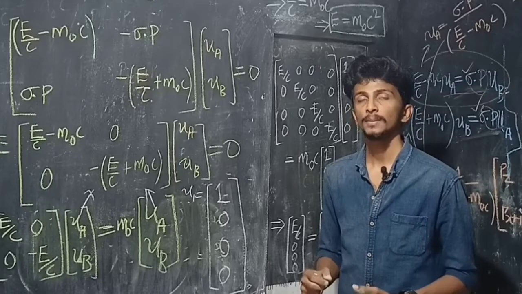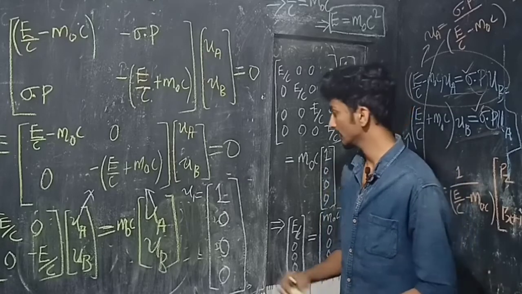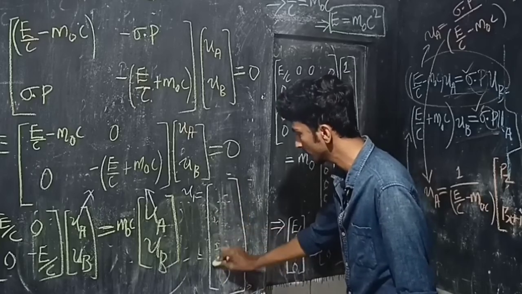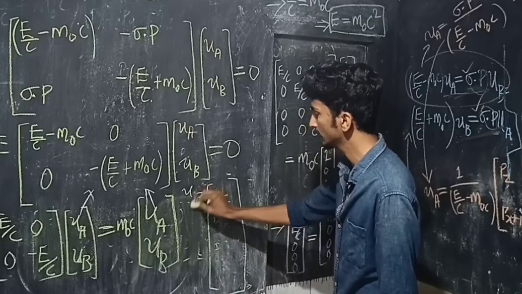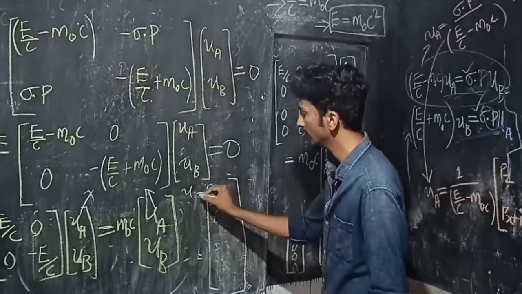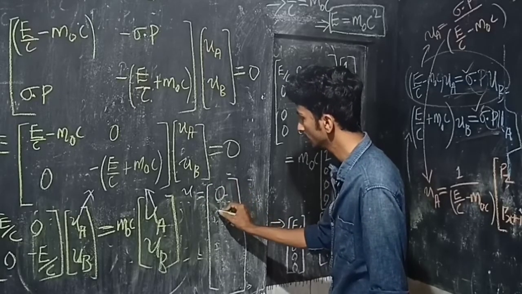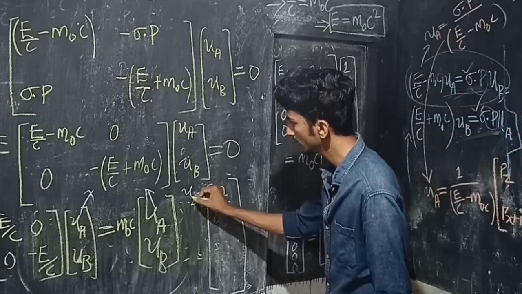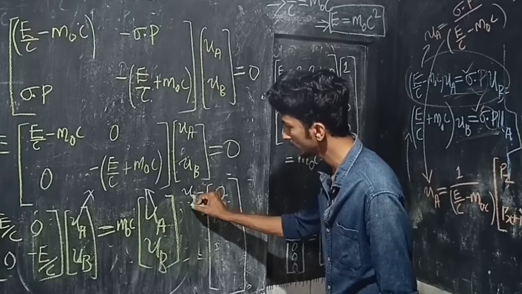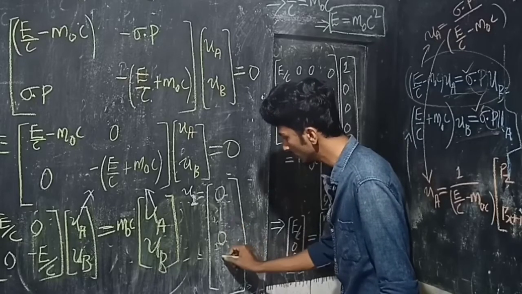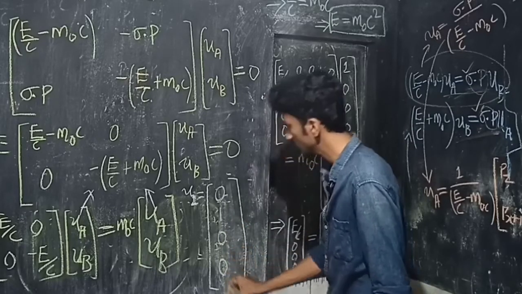So similarly, let me analyze the U2 spinor. In the rest frame, we can write the U2 spinor as 0, 1, 0, 0.